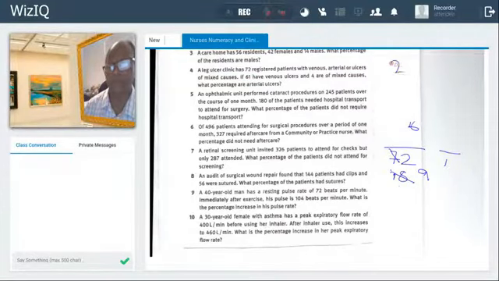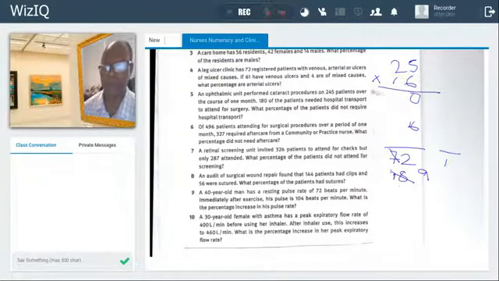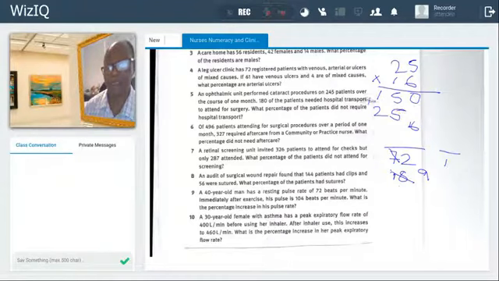So we have 25 multiplied by 16. Okay. So 6 times 5 is 30. 6 times 2 is 12, plus 3 is 15. Then 1 times 25 is 25. So I need to add this.